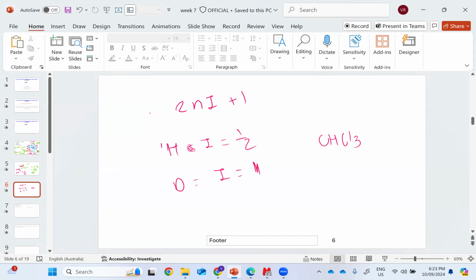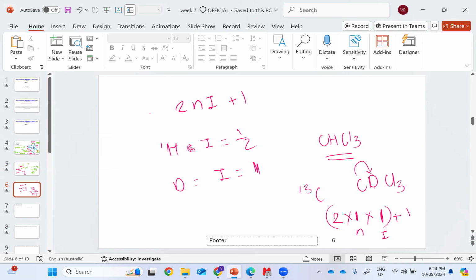So in the example of CDCl3, when you take the 13C NMR spectra, this carbon is coupled with deuterium, right? So we have 2 multiplied by n, which is 1, multiplied by I, the I value of deuterium, which is 1 here, and then plus 1.